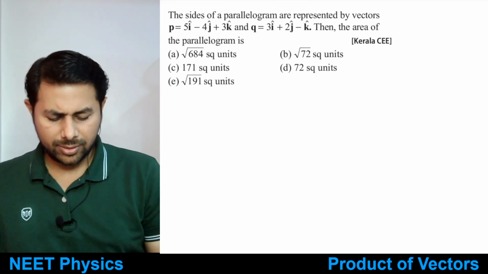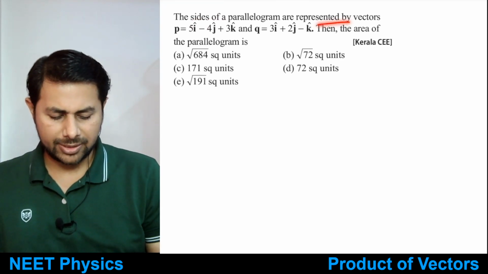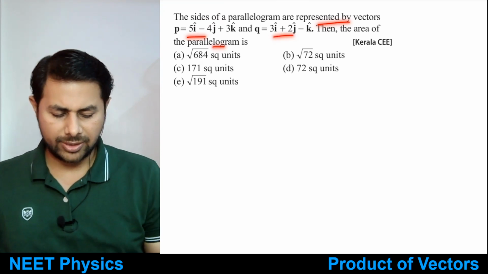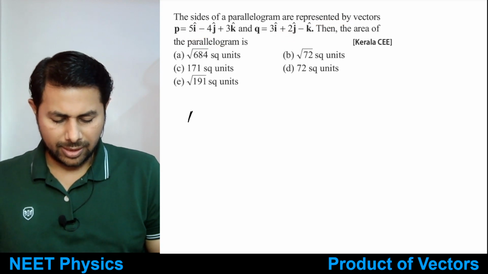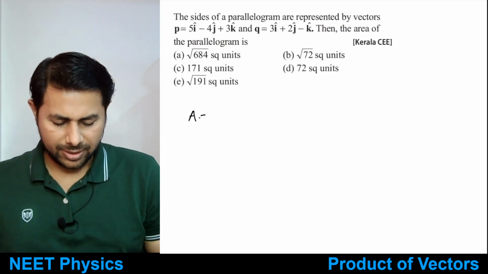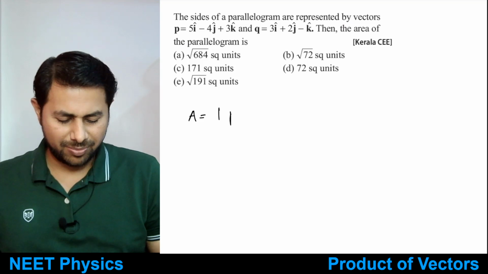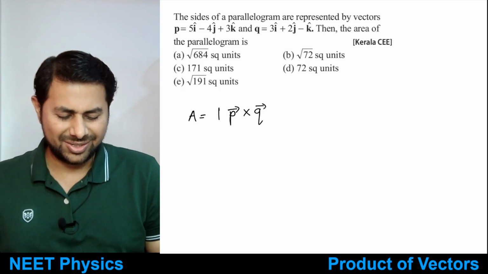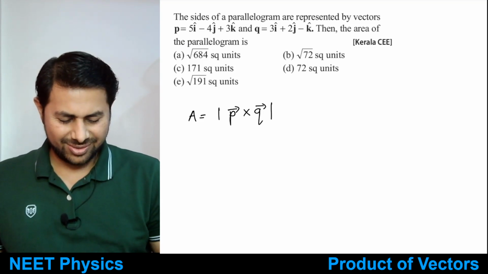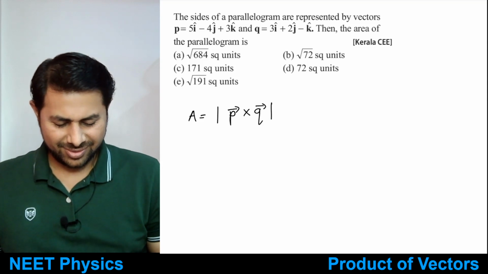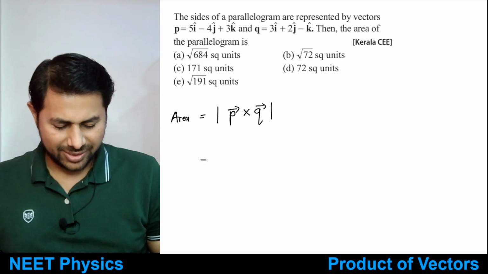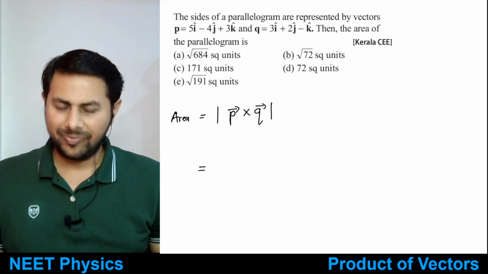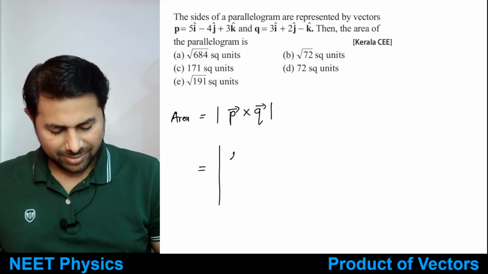Okay, then two sides of a parallelogram are represented by these two vectors. Then what is the area of the parallelogram? The area is just equal to the magnitude of p bar cross q bar, right? Let's solve it.